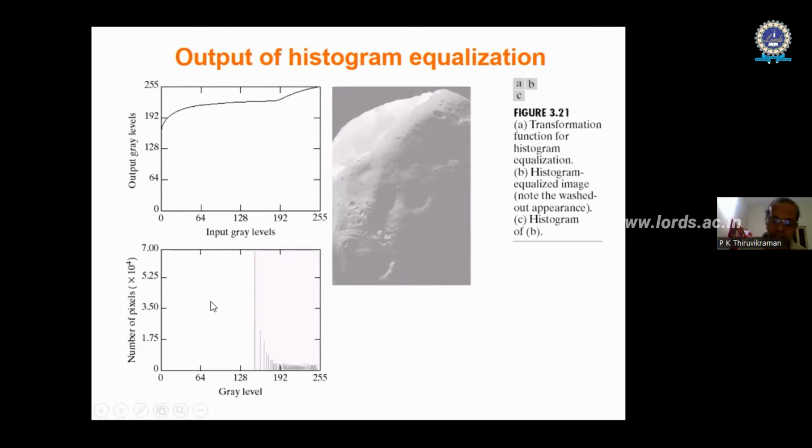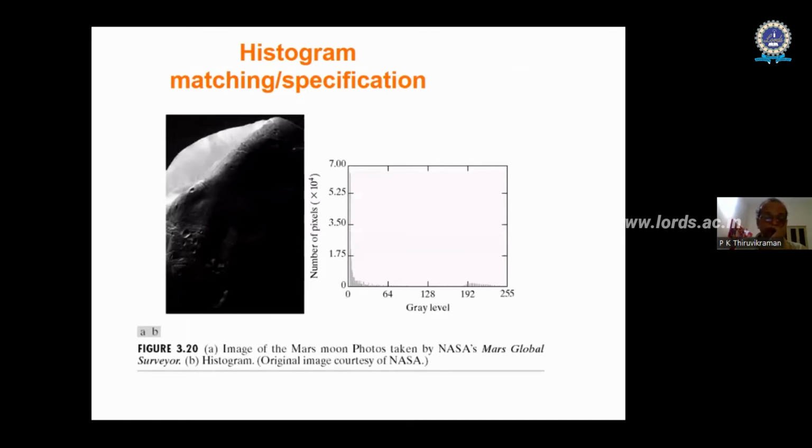So what do we do in that case? That's where histogram specification comes in. The same input image I'm taking, but in this case I'm going to specify the histogram I want. Specifying a uniform histogram would give you the same problem.